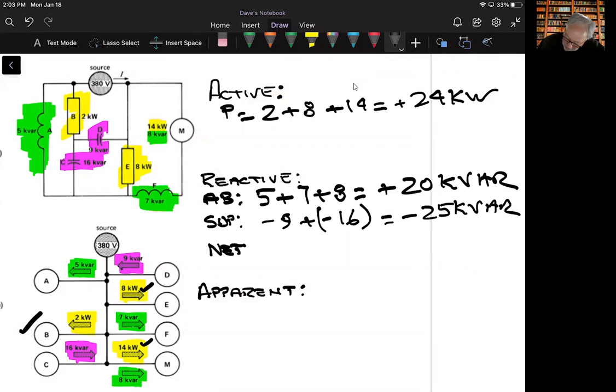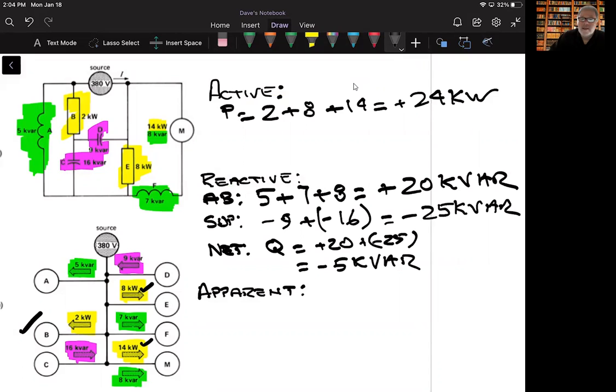Net reactive Q is equal to positive 20 plus -25, which gives me a net of -5 kVAR, which means it is predominantly capacitive since it's negative.